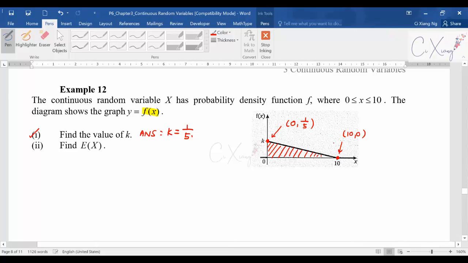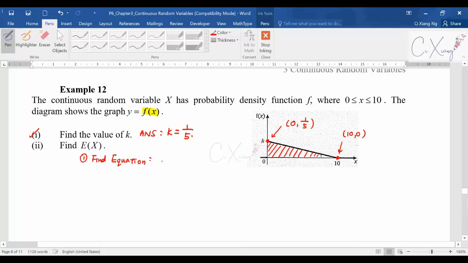All right, so by using these 2 points, you can try to find the gradient of the line. After that, use any of these passing points to form the equation. So first you need to find the equation first. Okay, so how to find the equation? You need to get the gradient first, then only you slowly find the equation.